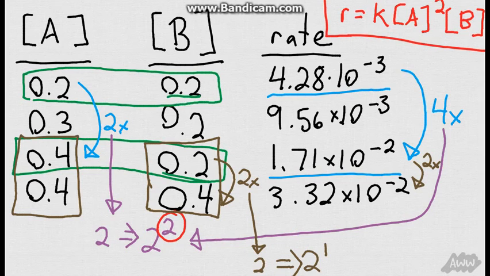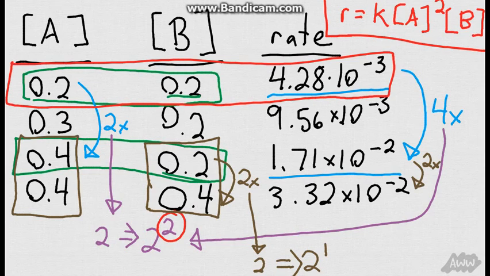Okay, so now let's finish this problem. Let's figure out what is K. So in order to find K, we can just pretty much use any of these data points. We've kind of run out of space, but I'm going to see if I can squeeze this in. So I'm going to choose this line to use.